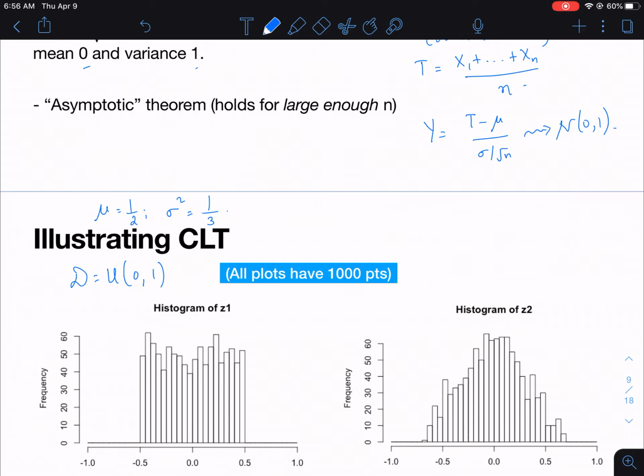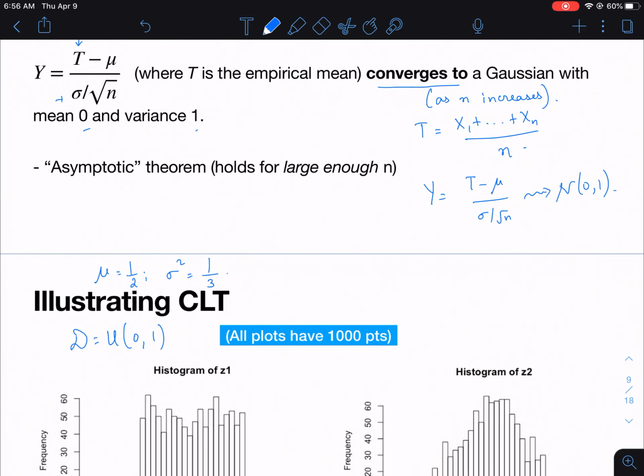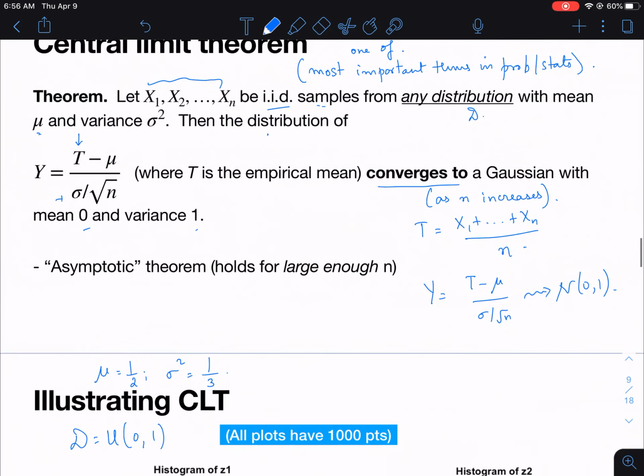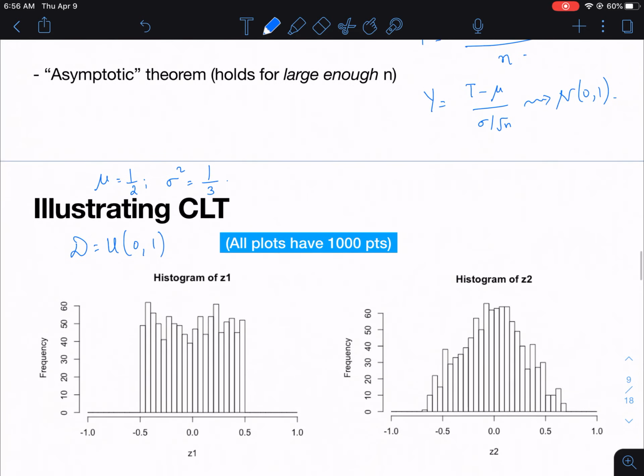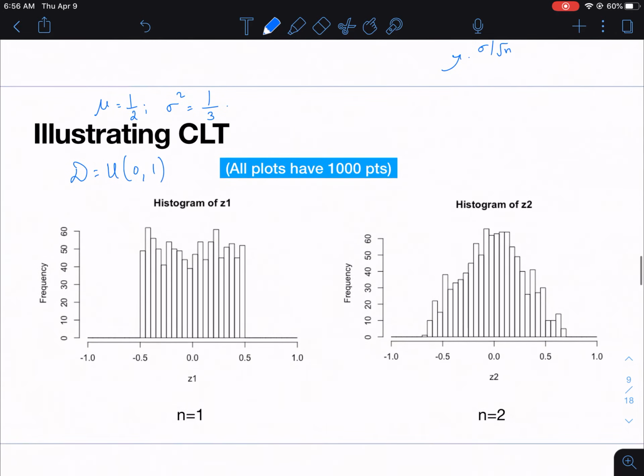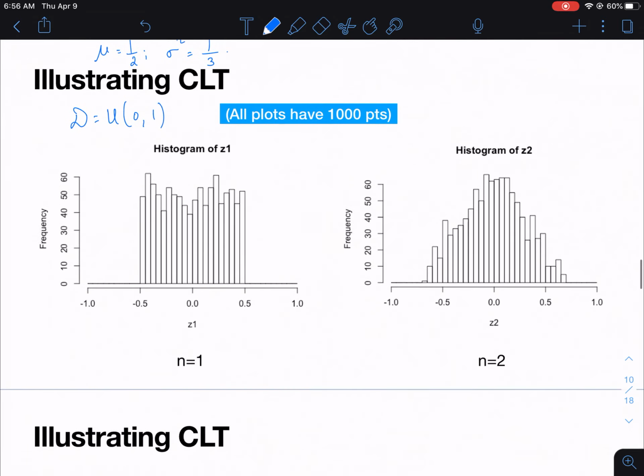This is what we started off with. And now I am plotting in this figure this random variable Y, which I am defining to be T minus mu divided by sigma by root n. And this is what happens.